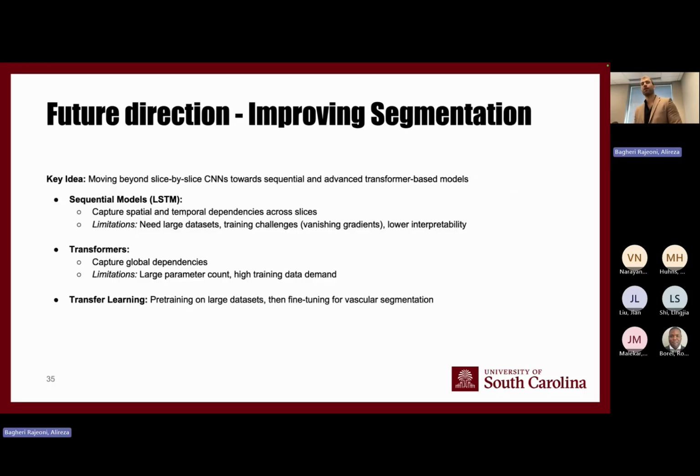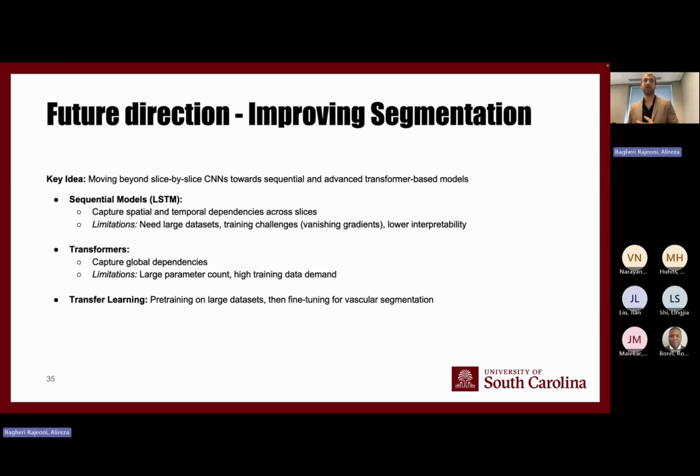The future direction. What we've done can be improved too. Nothing's perfect. For the segmentation, we didn't get the chance to fully explore sequential models like LSTM. LSTM is pretty good at capturing spatial and temporal dependencies, and for the vascular system, that exists. But the limitation was that a large data set is required.